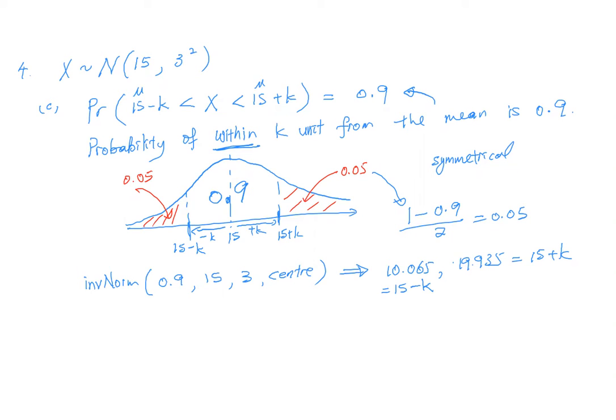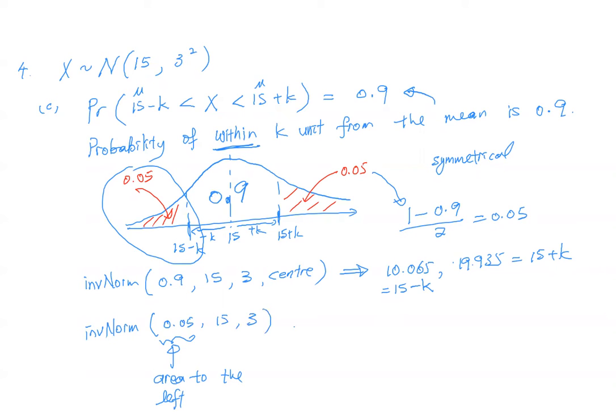So for those without the newer calculator, what to do? You still remember your inverse norm? The area here, you always put area to the left, correct? So we are going to choose this one. I put in 0.05, comma 15, comma 3. So you will get 15 minus k equal to 10.065.